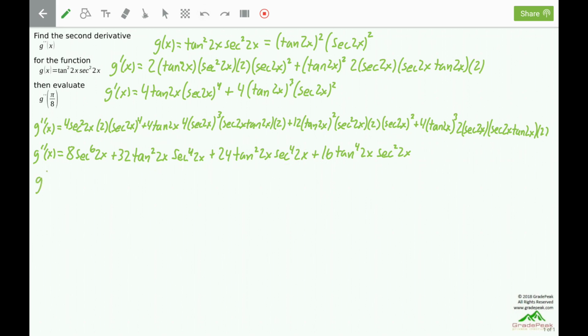So our g double prime of x will be 8 secant to the sixth of 2x plus 56 tangent squared 2x secant to the fourth 2x, and then we have the 16 tangent to the fourth 2x secant squared 2x.